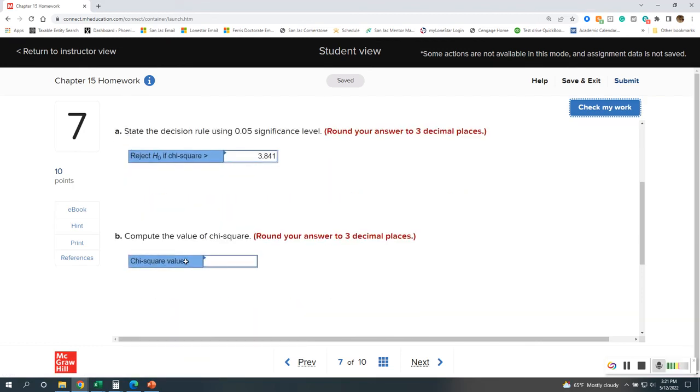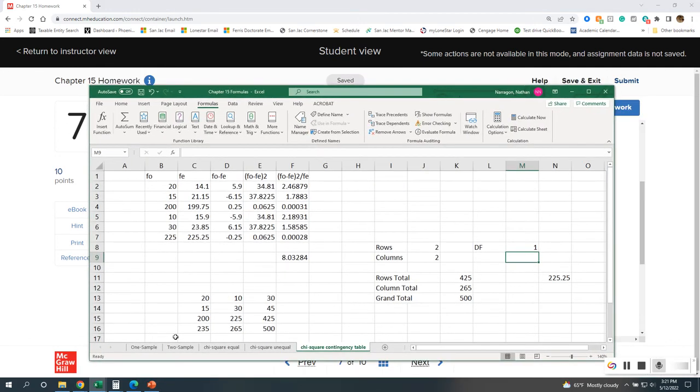Alright, now compute value of chi squared. Alright, so this is the interesting one. Doesn't really use this table up here. So don't even worry about this table as of the meaning yet, because we have to figure out numbers and what we're expecting.